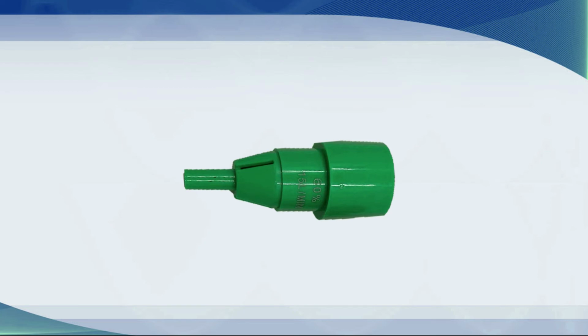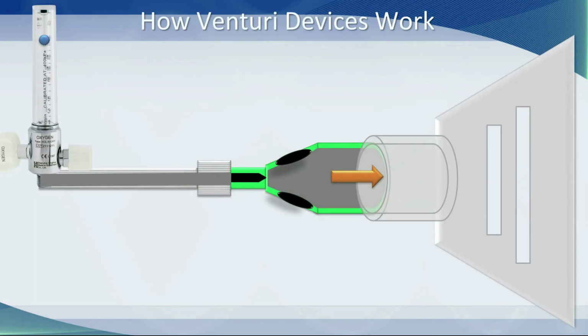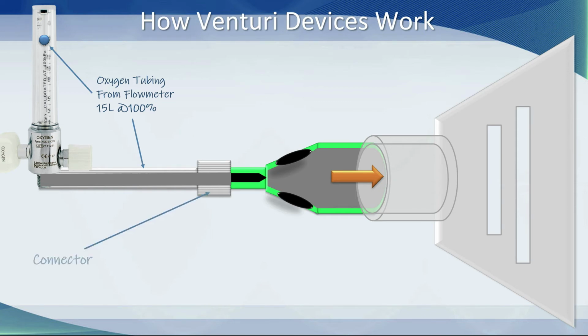And let's discuss how a Venturi device works. In this cartoon, we have oxygen tubing connected to a flow meter that's running at 15 liters per minute. The tubing connects to the barrel of the device, and inside the barrel there is a narrowing at the injector site.